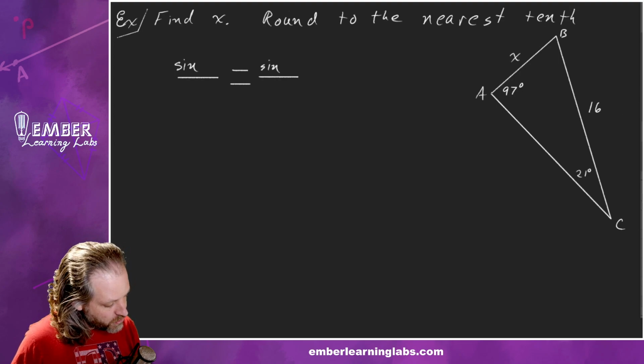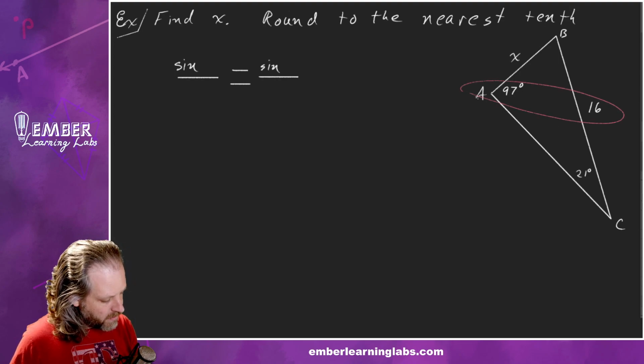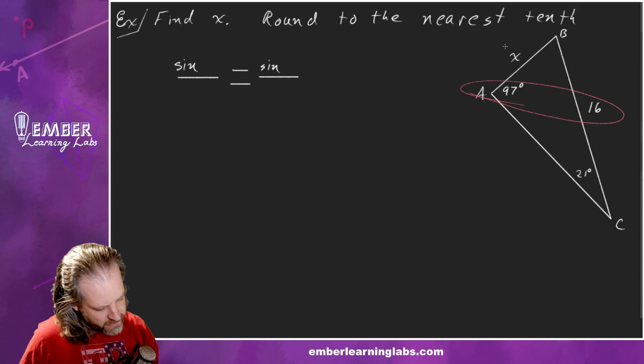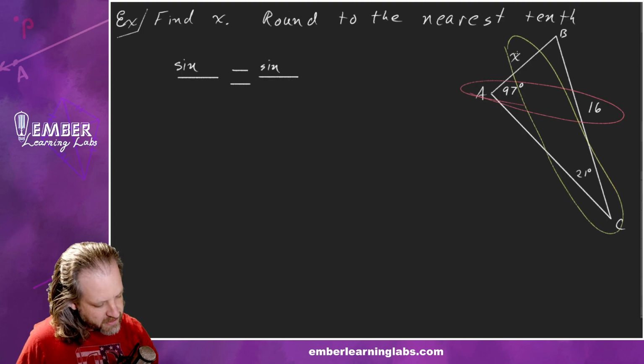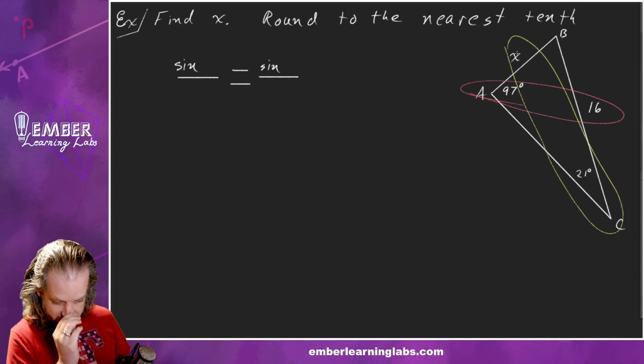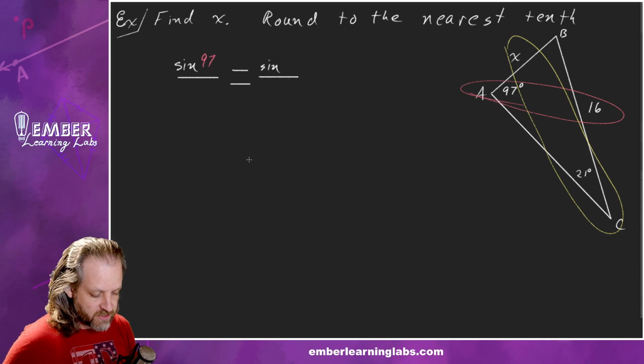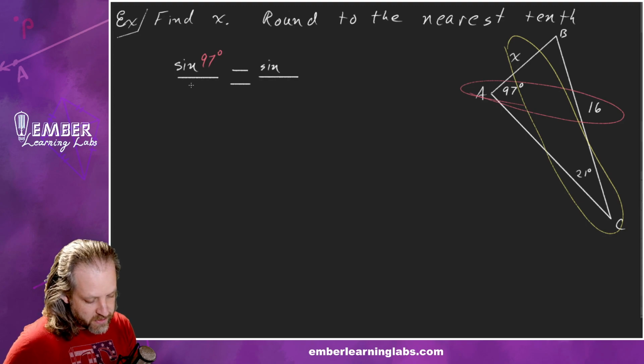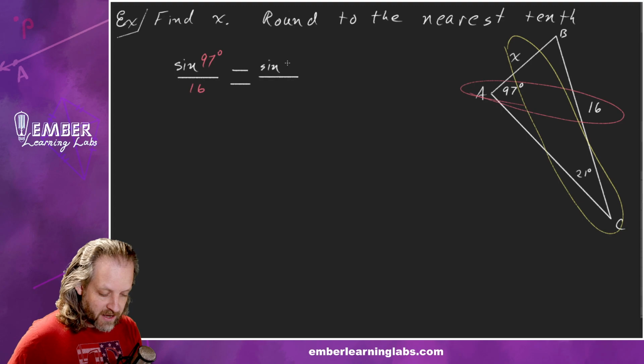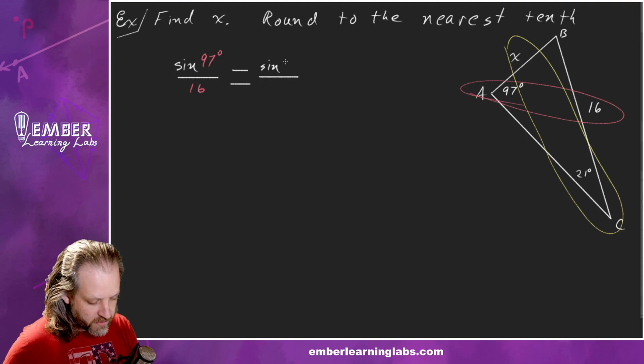These two right here are paired, and then these two are paired, because each set is opposites. So we can do the sine of 97 degrees to 16 equals the sine of 21 degrees to x.